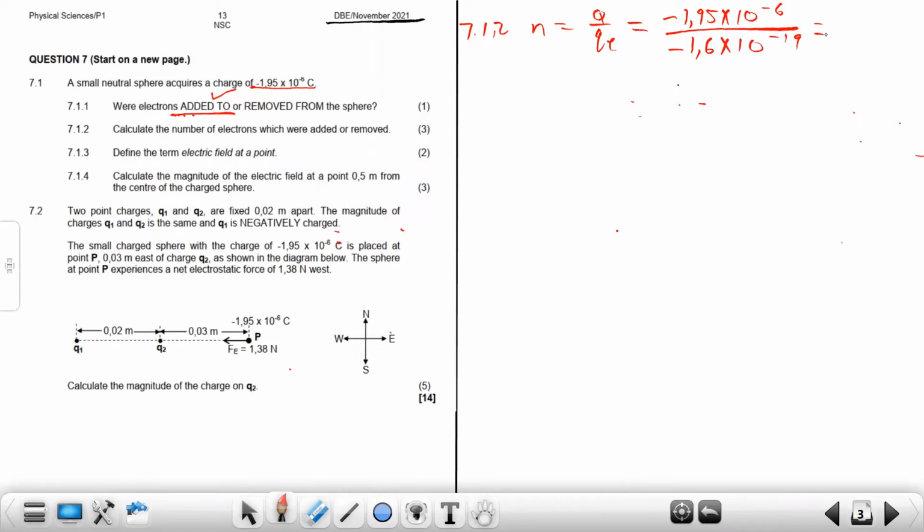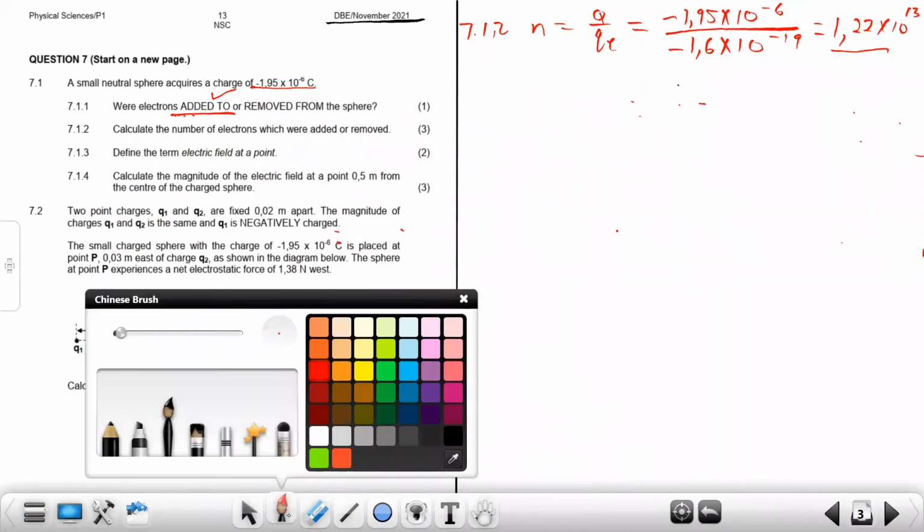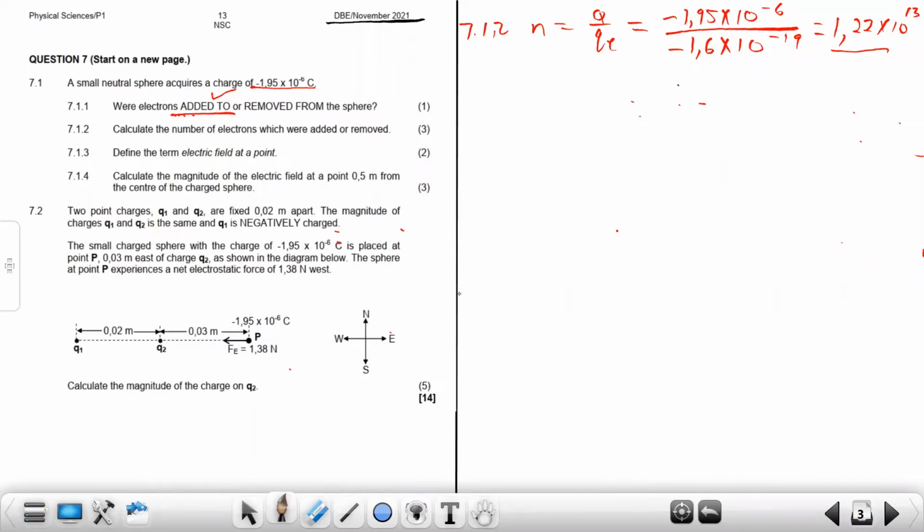And the final answer there is something like 1,22 multiplied by 10 to the power 13. No SI units, it's just the number of electrons. So maybe I must change my pen to black so that I can indicate. It will be 1 for the formula, 1 for the substitution, and then 1 for the final answer. I hope you guys still follow.